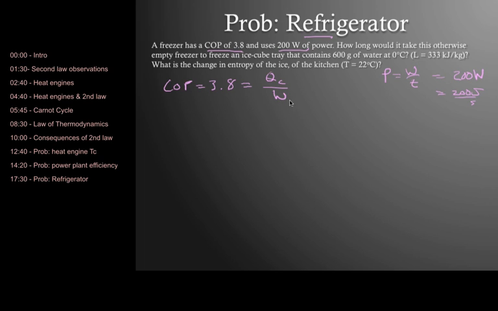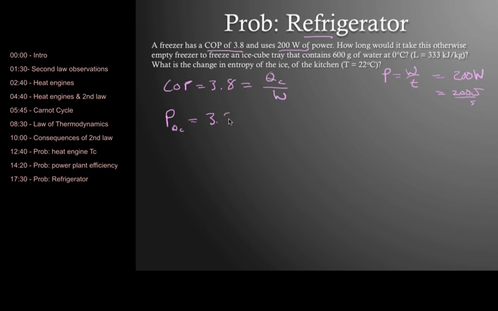This is the power that's being done, which is like the work that's being done per second. So then we can get the power of the QC, how fast heat is being pulled out of the freezer. We're just going to multiply this work up here and then divide by seconds, which is going to give us a power.